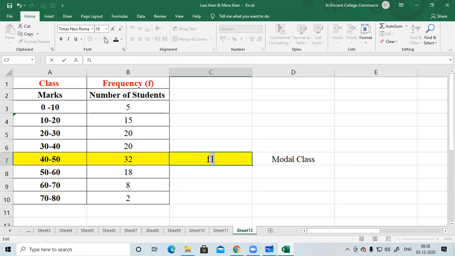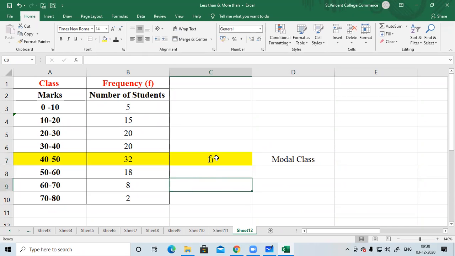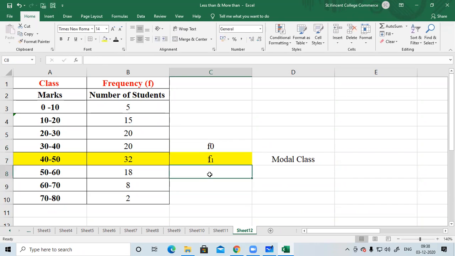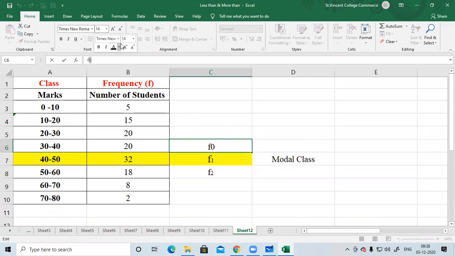The frequency of the modal class is F1. Now, what is F0? Very simple. 0 comes before 1 and 2 comes after 1. You understood what I did here? Yes, sir. Basically, that is why I take it as F1 rather than Fm.